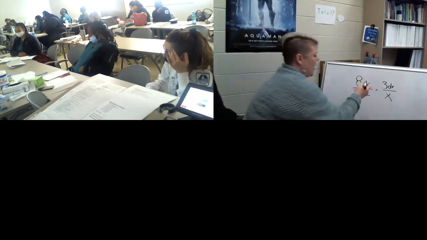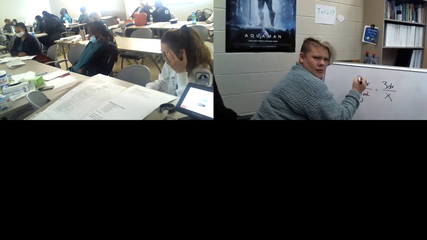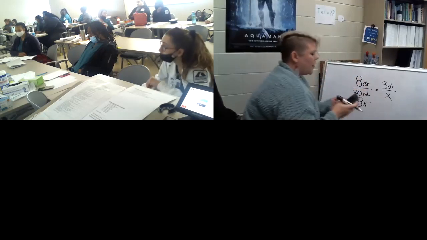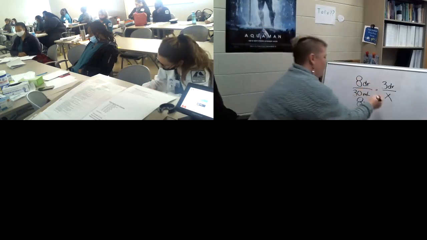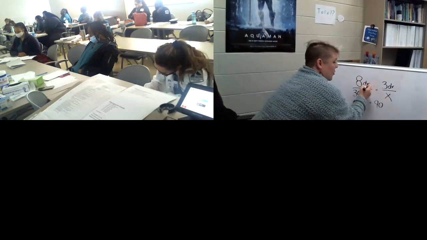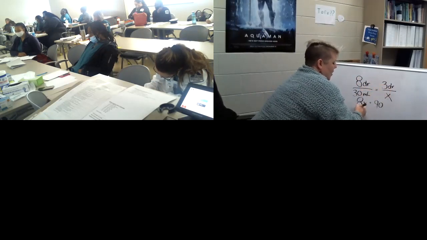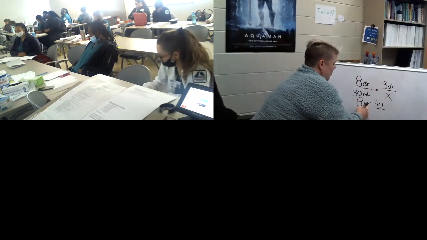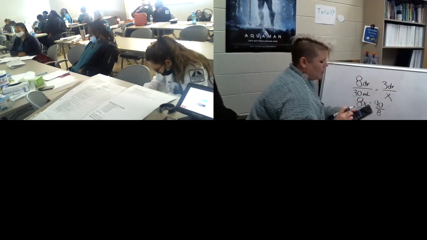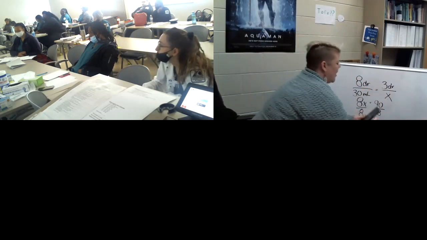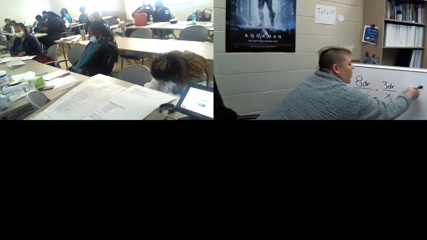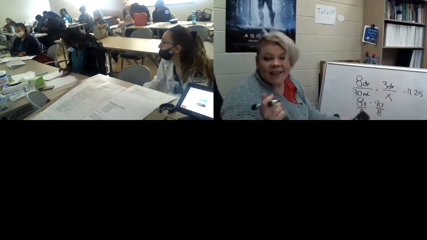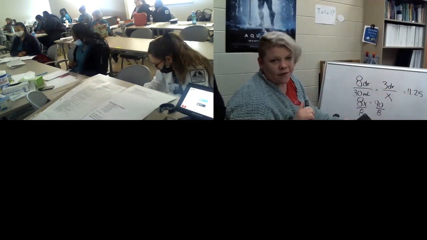Then you cross multiply. 8 times x is 8x. 30 times 3 is 90. Because remember, you have to cross multiply. So 90 divided by 8 is 11.25. That's how many milliliters you're going to give.